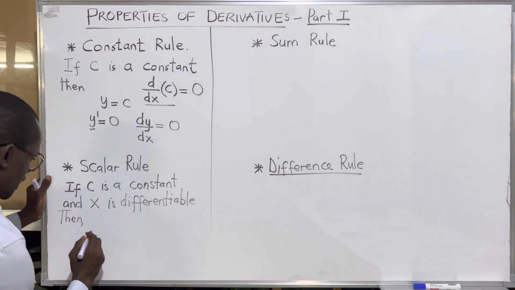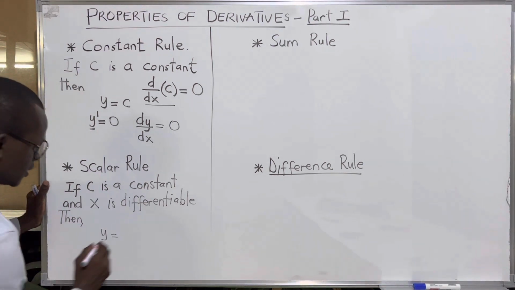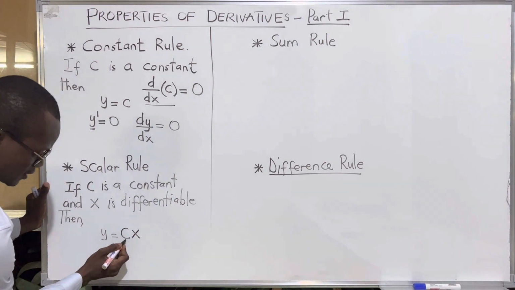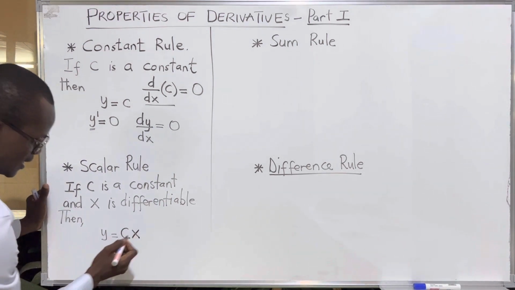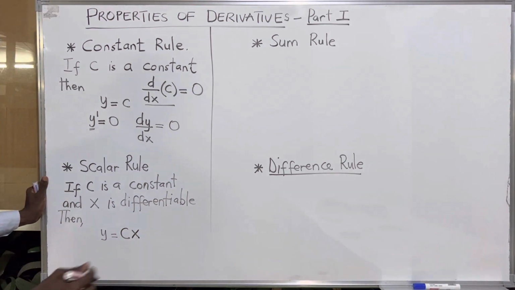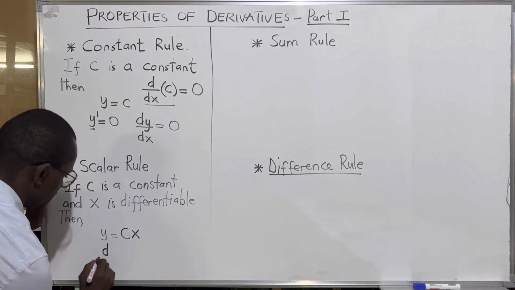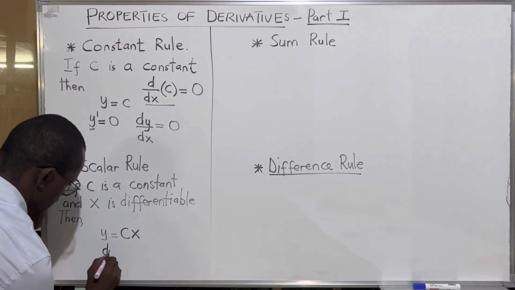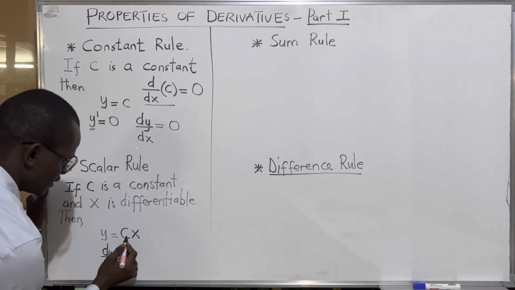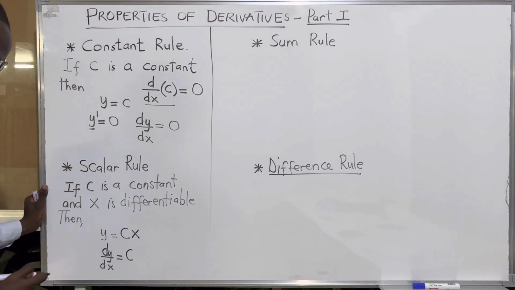So if you have y equals, for example, cx, where c is a constant and x is a variable or a function, we are saying that the derivative, which is dy by dx of this cx, is just equal to c.